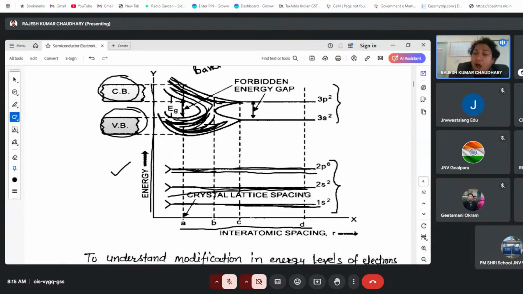And for the outermost too, when atoms are at a very far distance, they don't have to interact with each other, so when interatomic spacing is more, their energy is well defined, not distorted. But as they come closer to each other, they distort their energy levels. That's why this kind of figure is created.